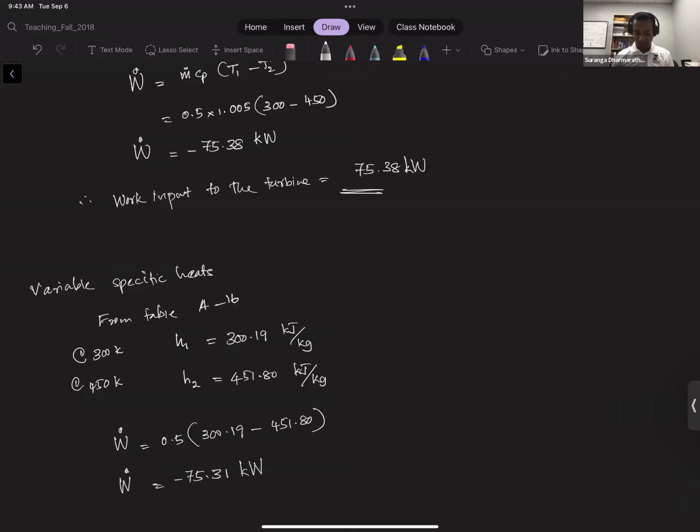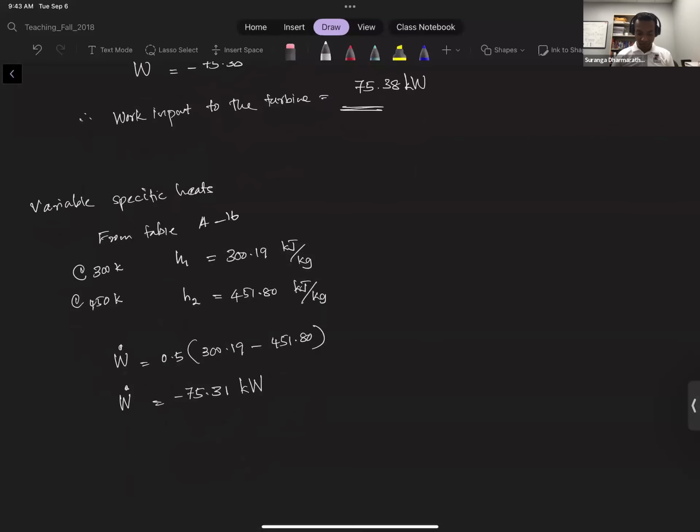W dot. So again, the work input to the turbine is equal to 75.31 kilowatts.